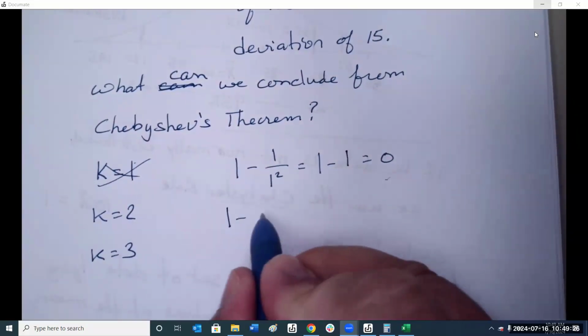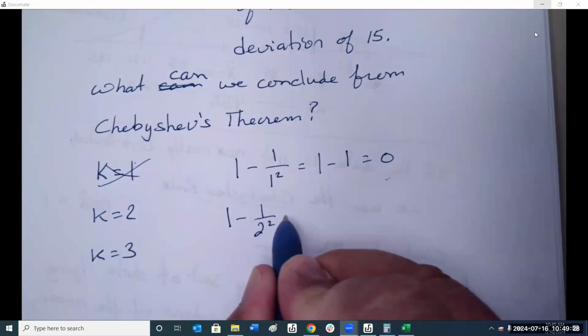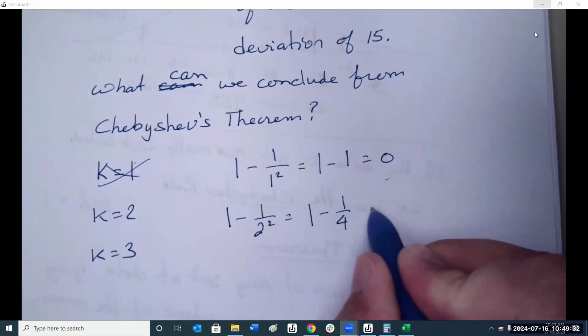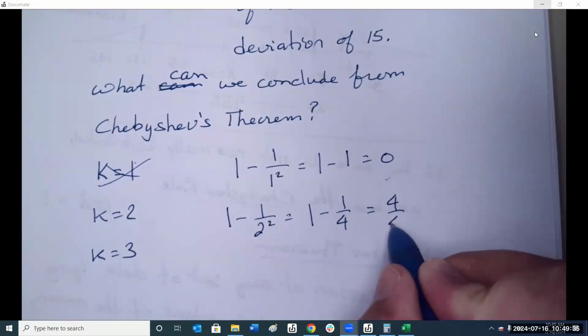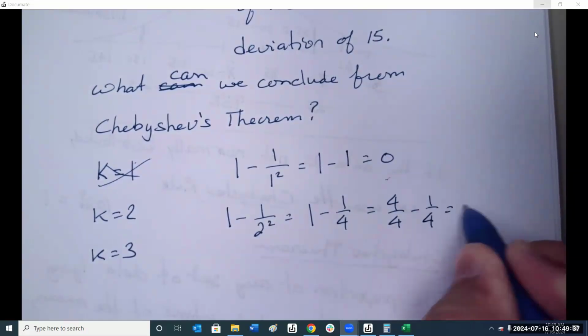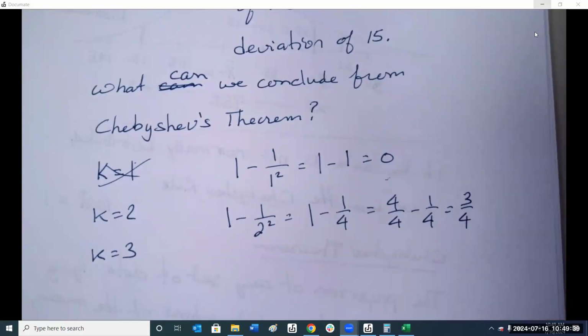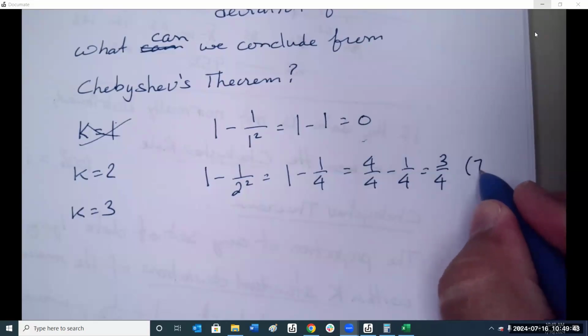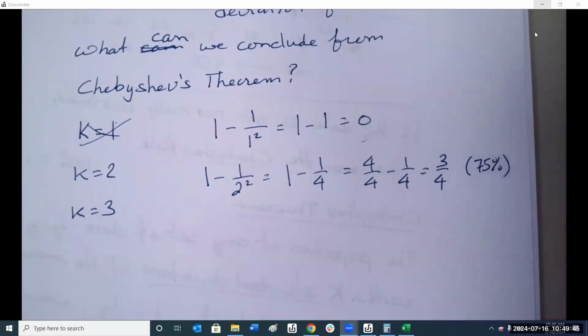For 2 standard deviations, which is 1 minus 1 over 4, which is 4 over 4 minus 1 over 4, makes it 3 over 4. So within 2 standard deviations, we have 75% of our data.